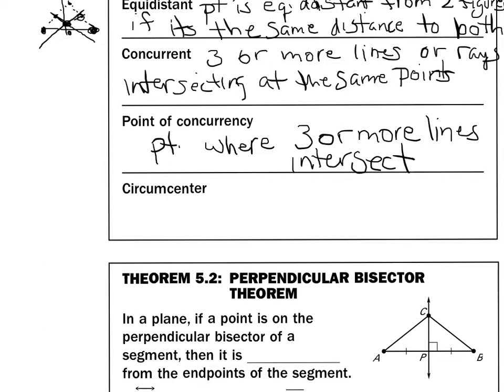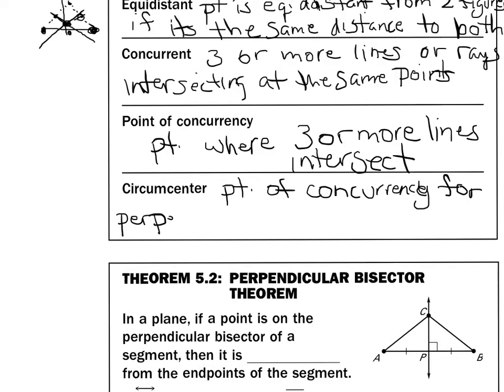Okay, circumcenter. Very important word here. Circumcenter is the point of concurrency for perpendicular bisectors of a triangle.